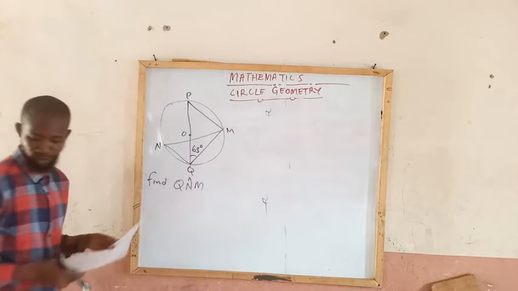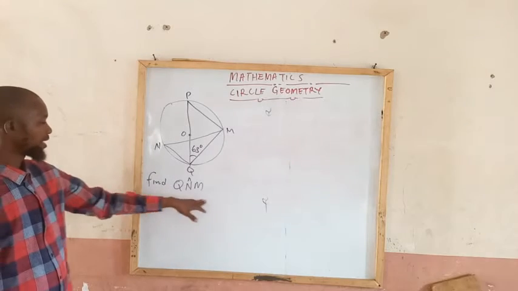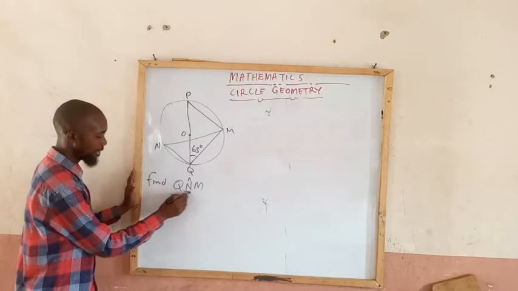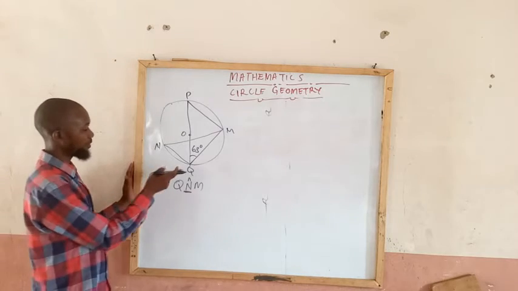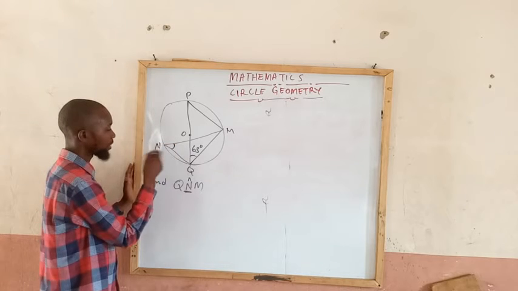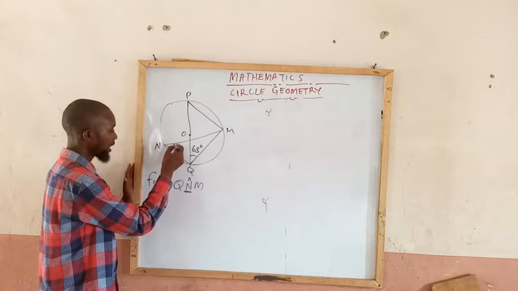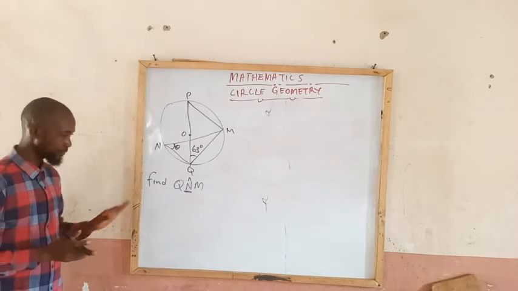Now, the requirement in number 1 is this: we have to find QNN. That is, we have to find angle N. The main angle is what we are interested in. So this is angle N that we have to find. We can name it, we can give it a name theta or X or any other angle measurement.